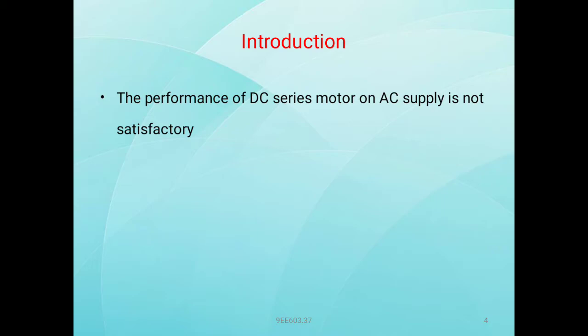Due to alternating flux, the core losses are high, there is poor power factor, and commutation is very poor. These are the main drawbacks of applying AC. So the performance of DC series motor on AC supply is not satisfactory.